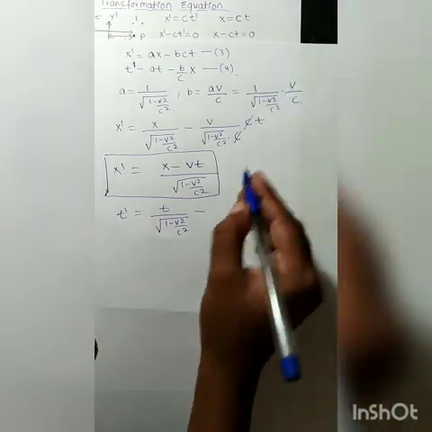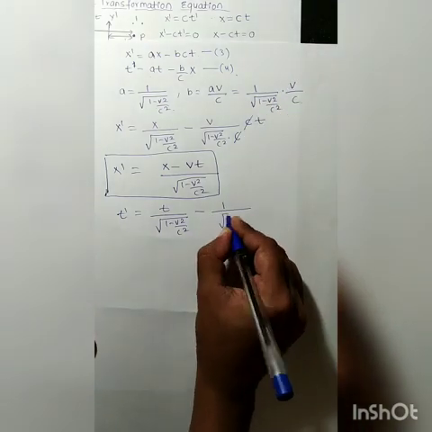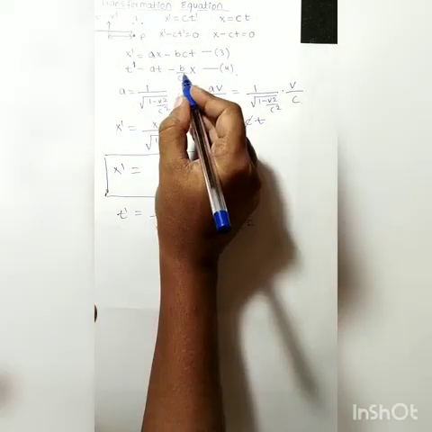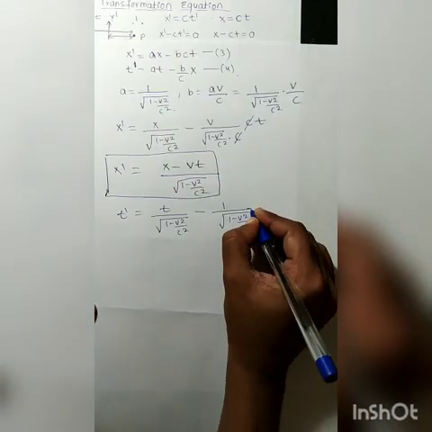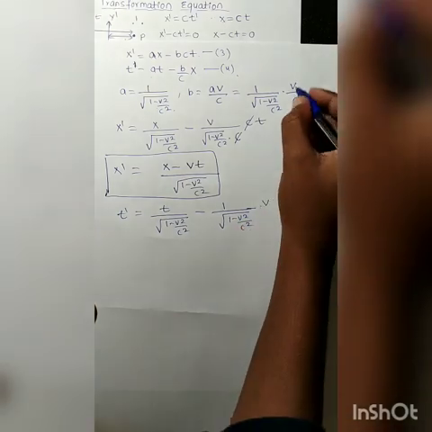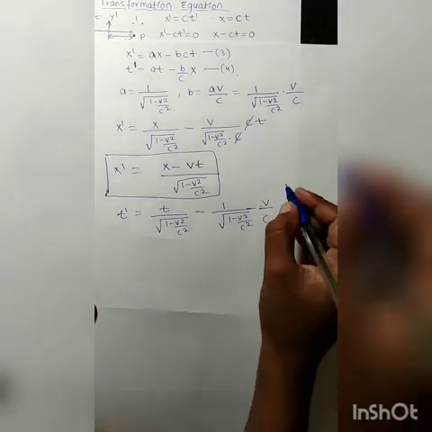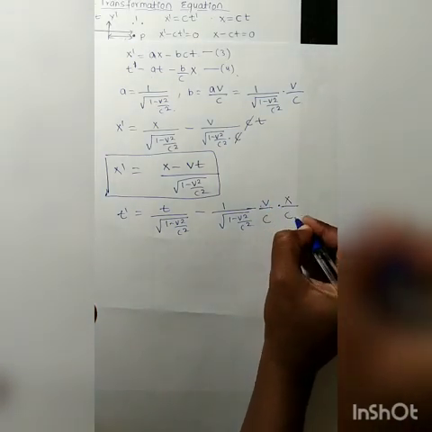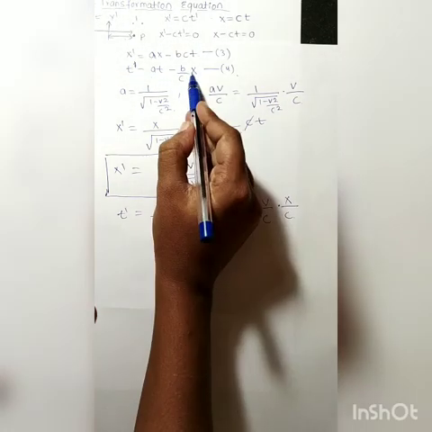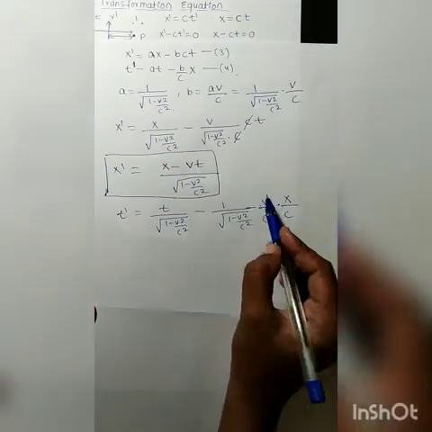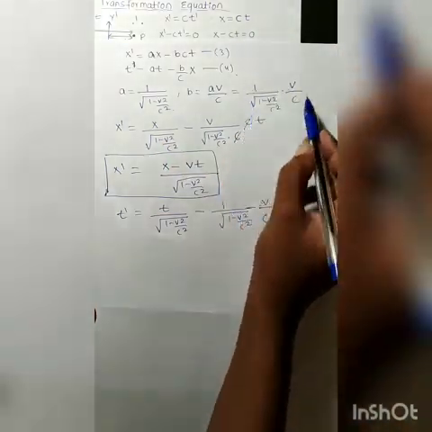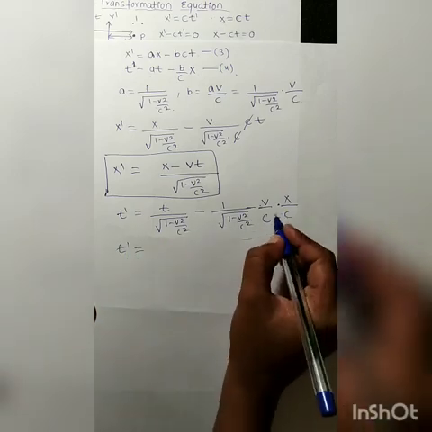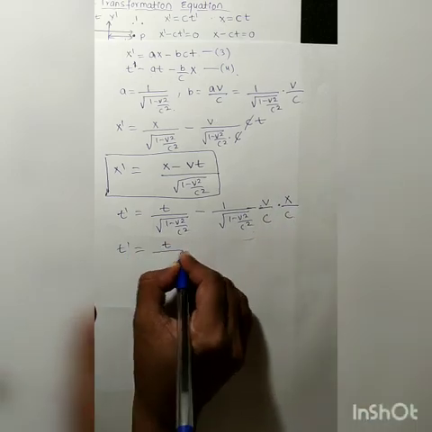Again substitute this value, that means 1 divided by the square root of 1 minus v square by c square into what is remaining, v divided by c, and into x divided by c will be remaining. This x by c I wrote as it is, and this is the b value we already have.